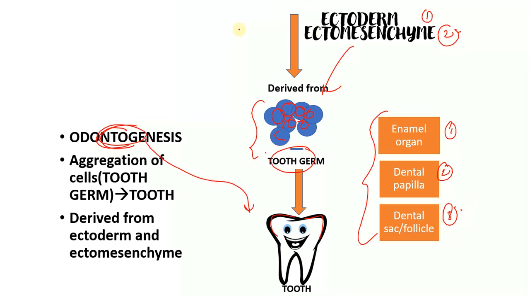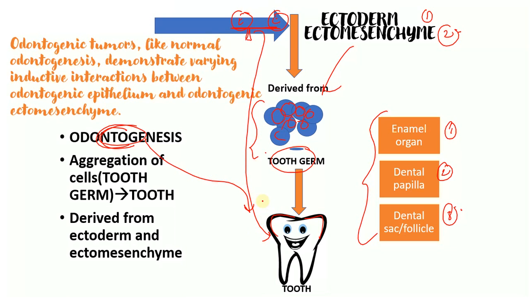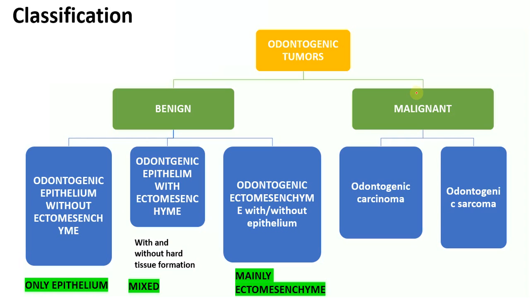Here there are varying inductive reactions that occur between the epithelium and the ectomesenchyme which lead to the formation of this fully developed tooth. Much like this, even odontogenic tumors demonstrate varying inductive reactions between the two and are thought to be a result of this. So now that we know in detail about the origin, let's go into the classification.